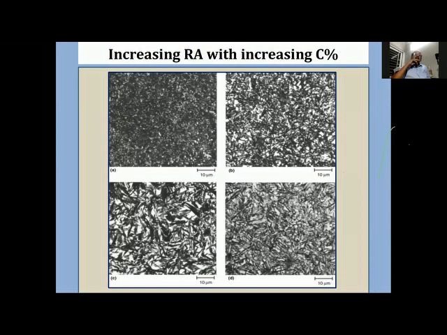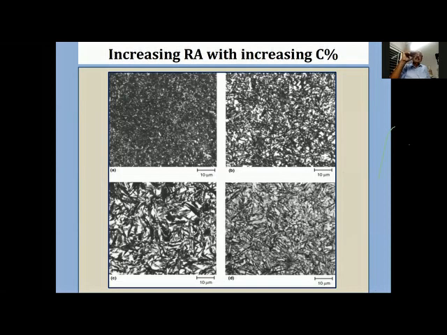Typically, in a given steel grade, the amount of retained austenite is a function of the final surface carbon. Because a higher amount of carbon than the optimum level of 0.8% tends to stabilize austenite.